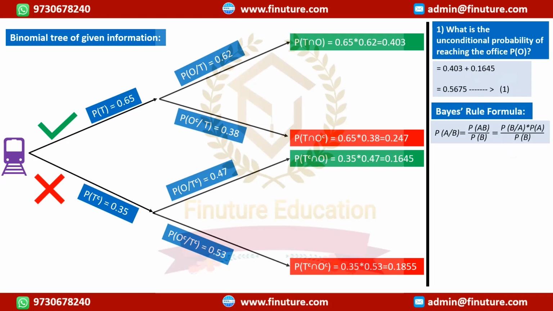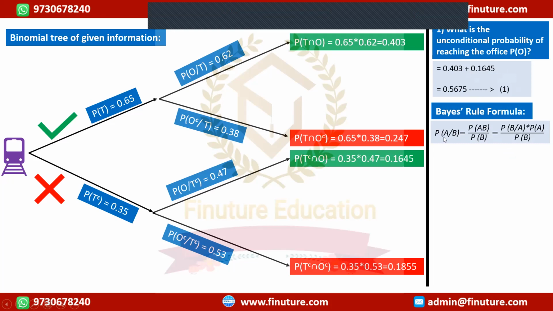And the second question is a bit tricky, wherein you have been asked to calculate the probability of the train being on time, given the employee has reached the office. So over there, we need to apply this formula, probability of A given B. So in our case, it would be probability of the train being on time, that is T, given O, that is the employee reached the office.